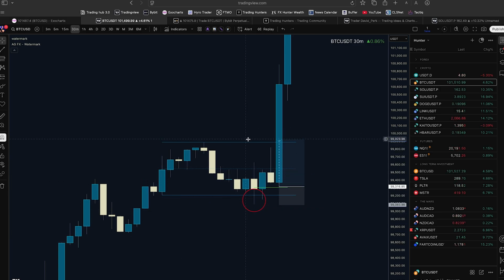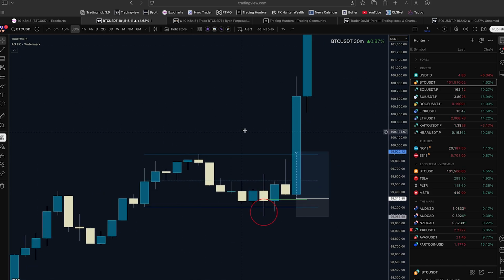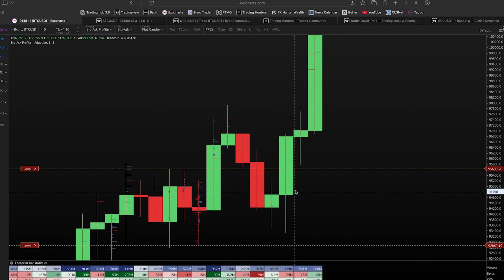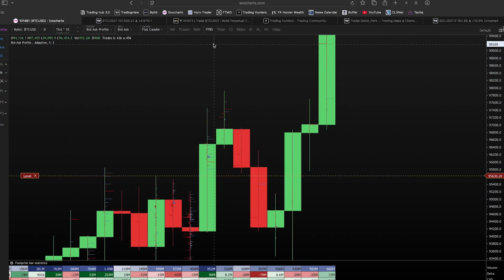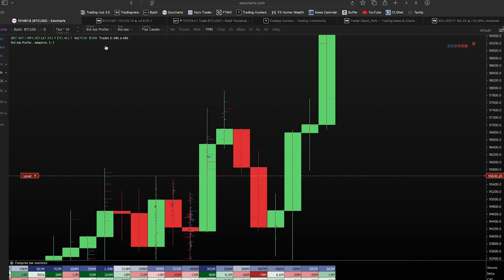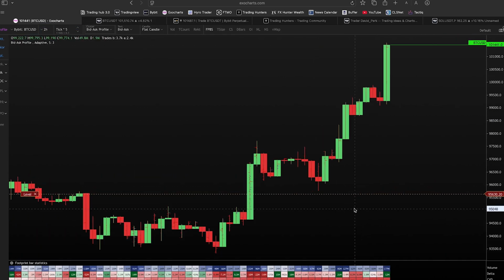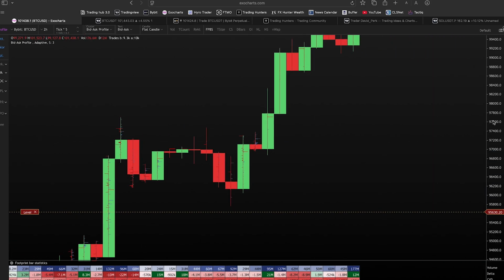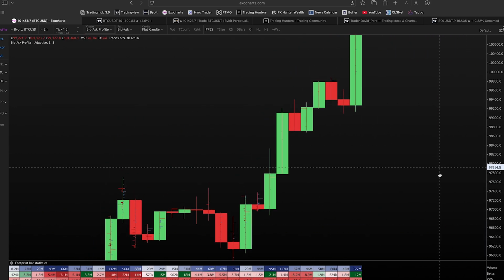And the New York session is definitely better for the volume, right? Because if we go to the exo charts and check the 2 hours time frame, we can see that the most volume is coming later in the day.